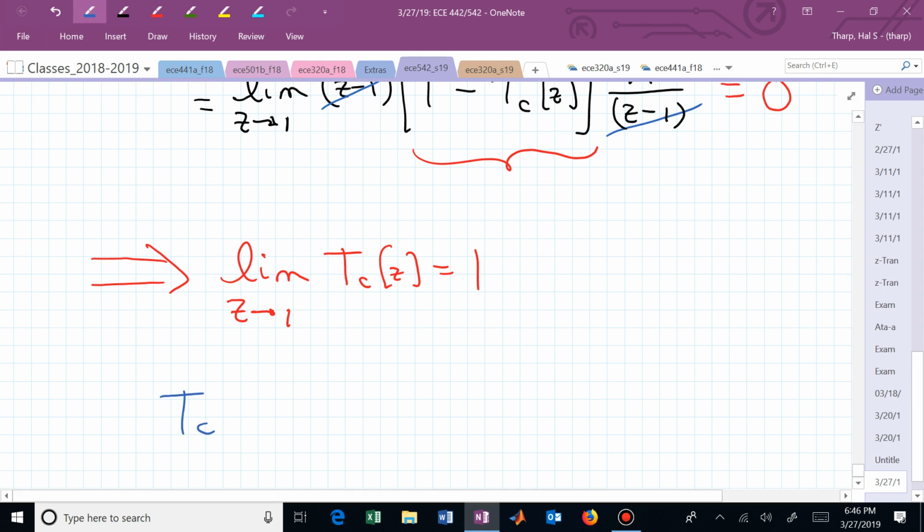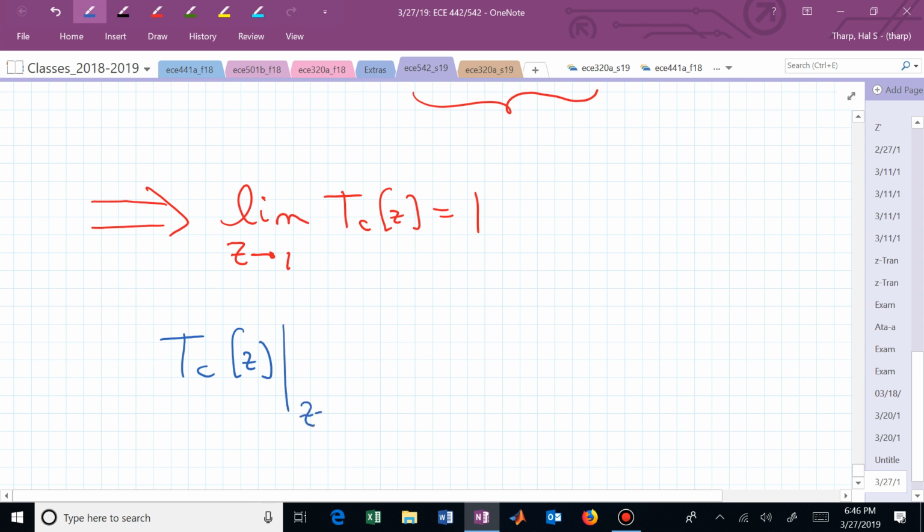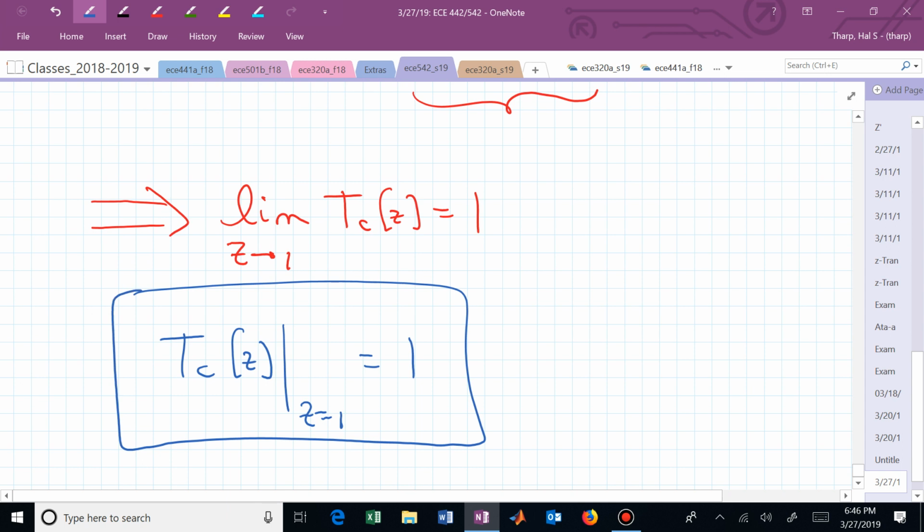T sub C of z evaluated at z equal to 1 equaling 1 is a steady state accuracy spec, and that says that we now have a DC gain of 1 of our closed loop system.